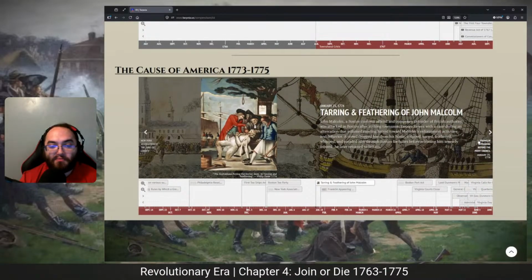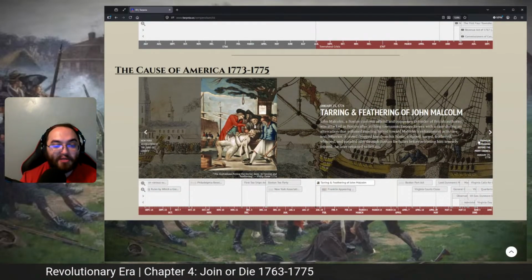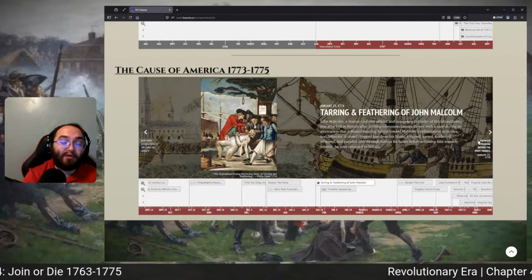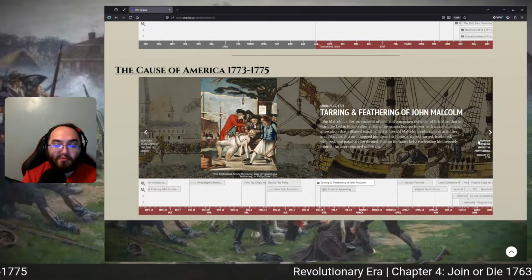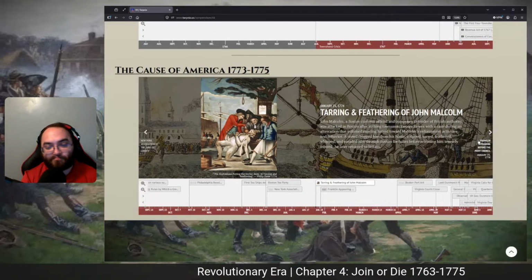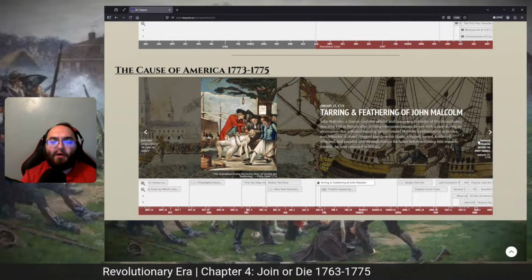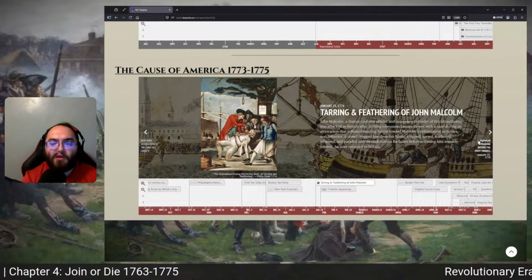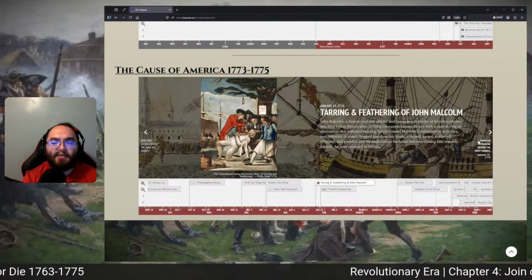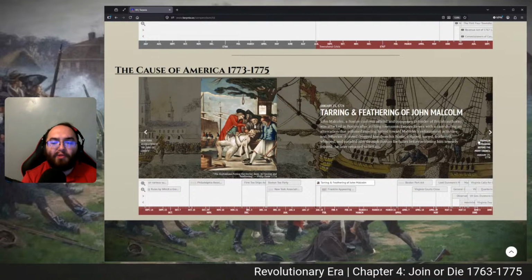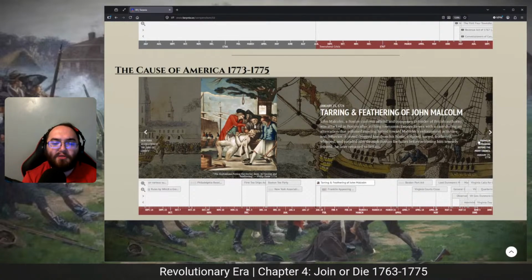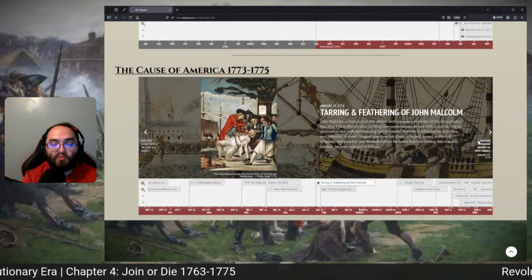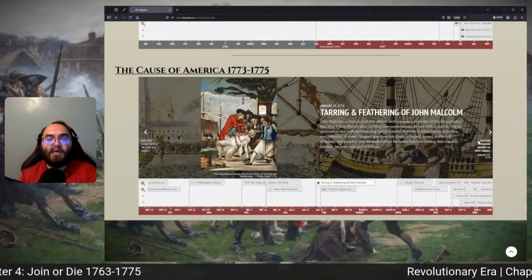And then here is probably the most famous event, the most famous tarring event, I should say, which is the tarring and feathering of John Malcolm. John Malcolm, a Boston customs official and an outspoken defender of British authority, was attacked in Boston after striking townsman George Hughes with a cane during an altercation that inflamed existing hatred toward Malcolm's enforcement activities and behavior.